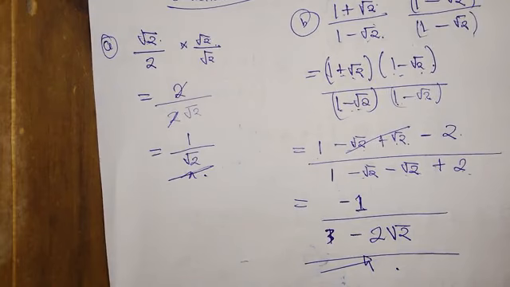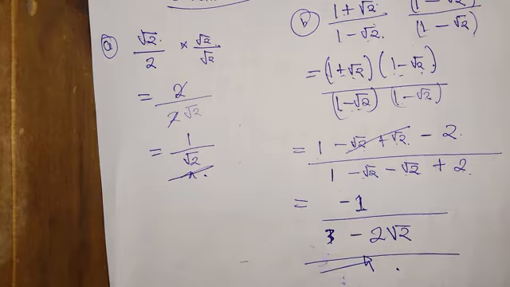So that is the concept under rationalization. It is either you are rationalizing the numerator or you are rationalizing the denominator. So once you understand what you are rationalizing, you'll be able to do everything correctly.